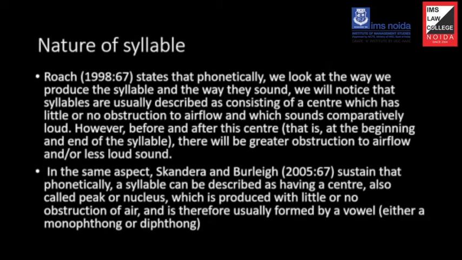So there will be greater obstruction to airflow or less loud sound in the coda as well as in the onset. Onset is also technically called a releasing factor, and the coda is called an arresting factor.